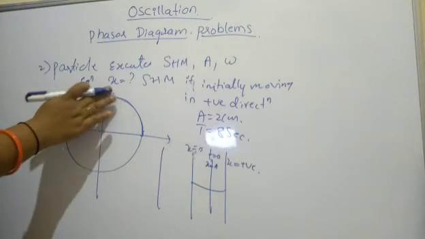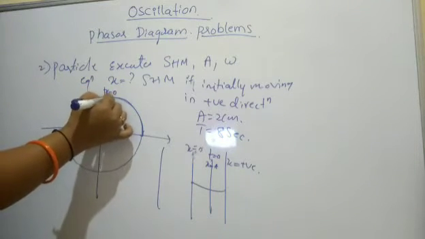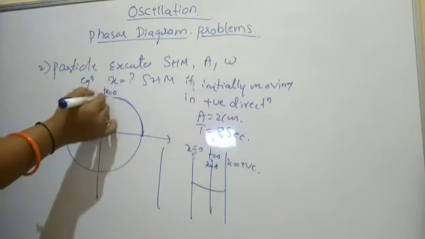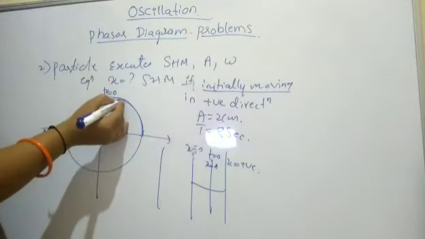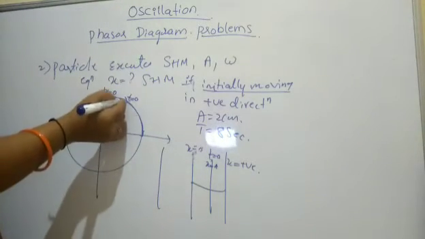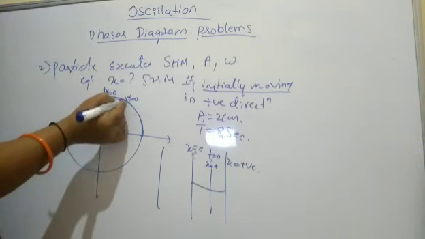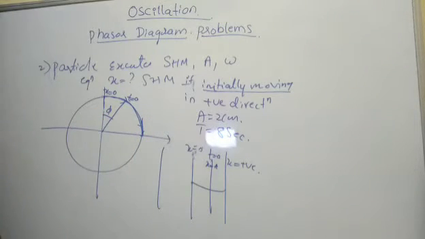So the particle is moving from here, t will be 0 here, and phi will be there at this position, and again it is moving in a positive direction.